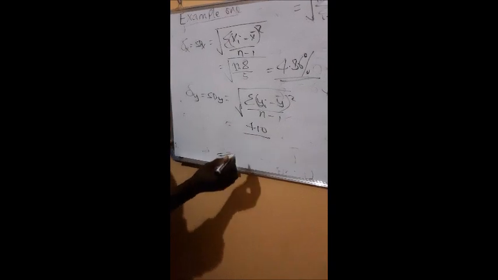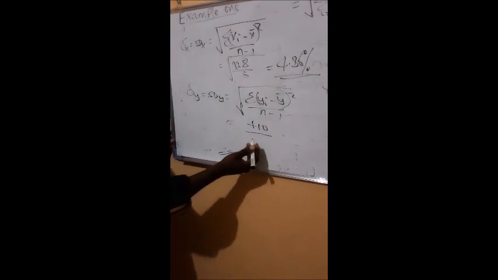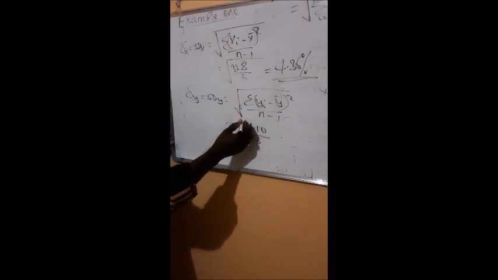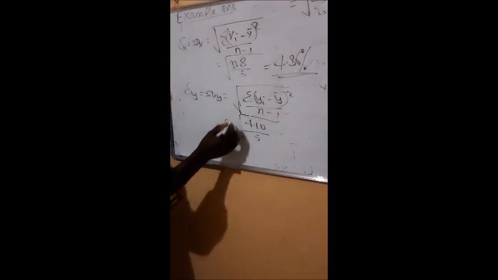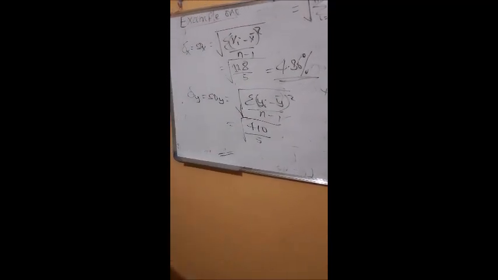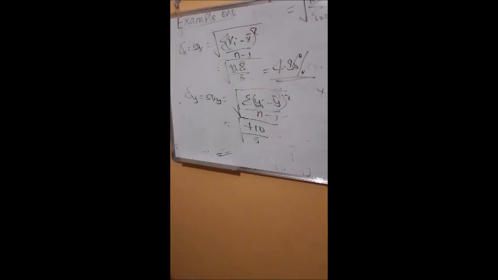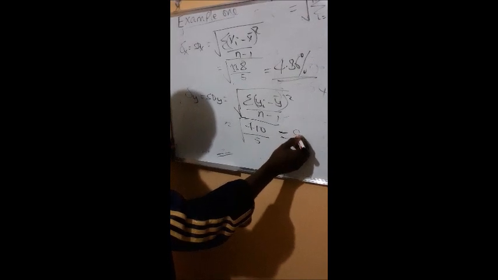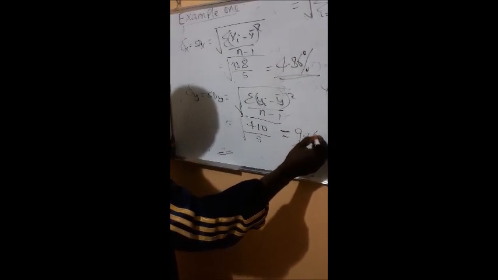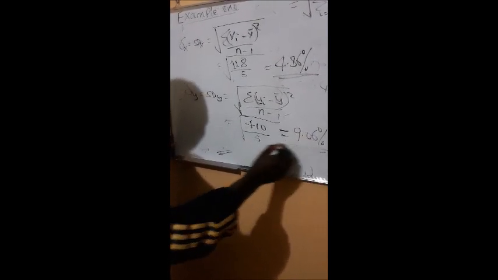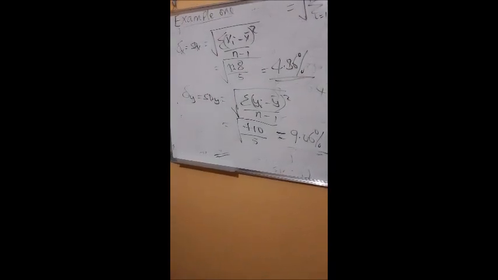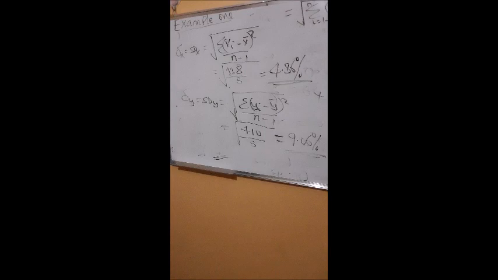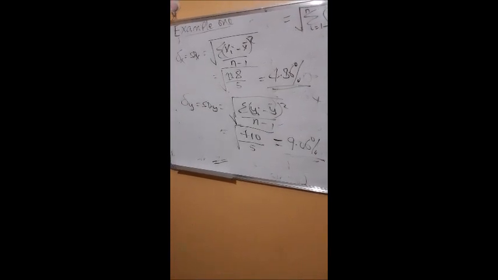This should be divided by n minus 1. Our n is 6, if you deduct 1, you get 5. If we divide and take the square root, the total risk for market Y will be equal to 9.06%.